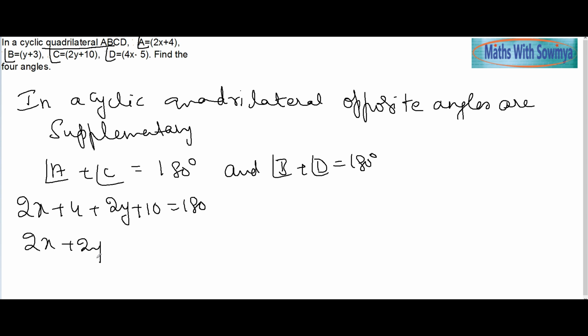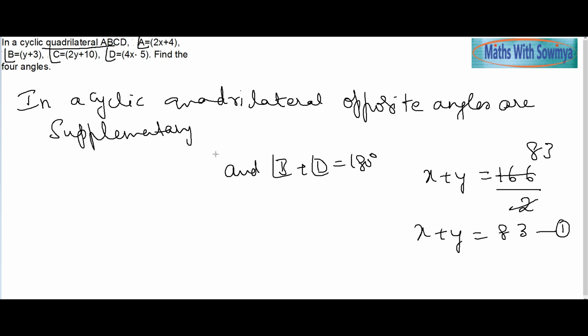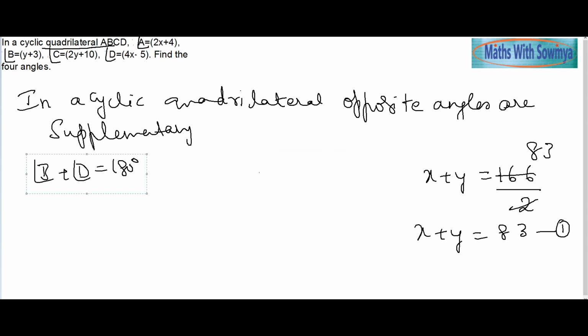So 2x plus 2y will be 180 minus 14. 2 can be taken as a common factor here. So what are we going to get? 166 by 2. So x plus y is 166 by 2, 2 8s are 16, 2 3s are 6. x plus y is equal to 83 will be the first equation. Now we can take up the second equation and try the values. B plus D is 180 degrees.